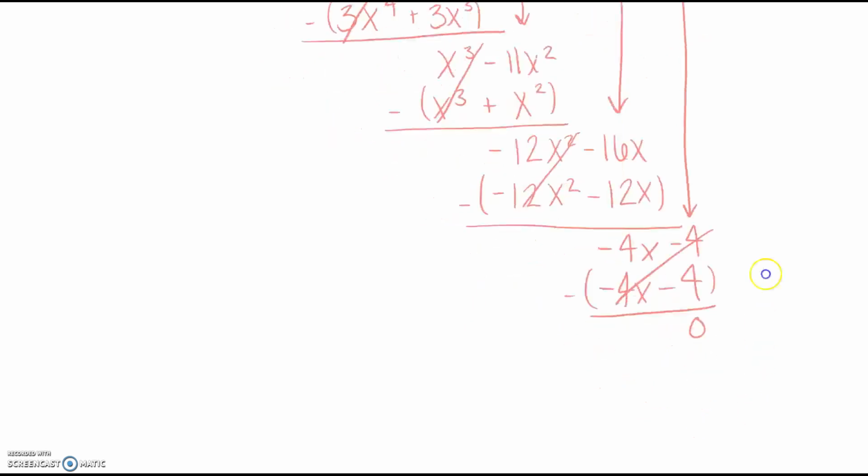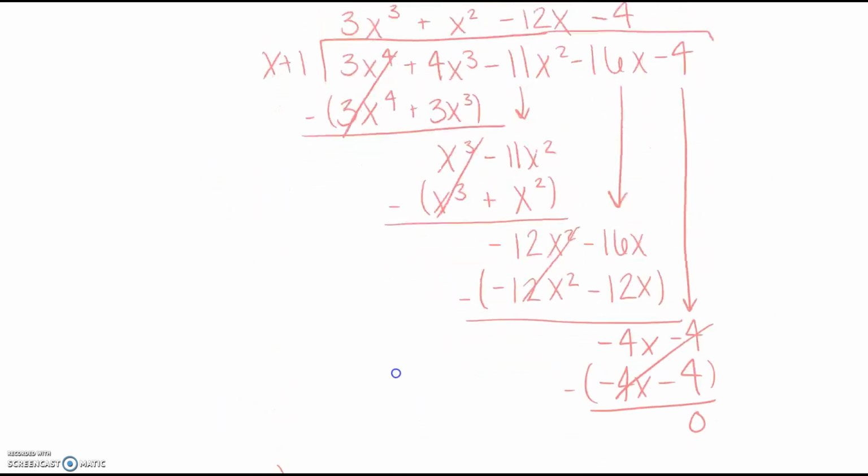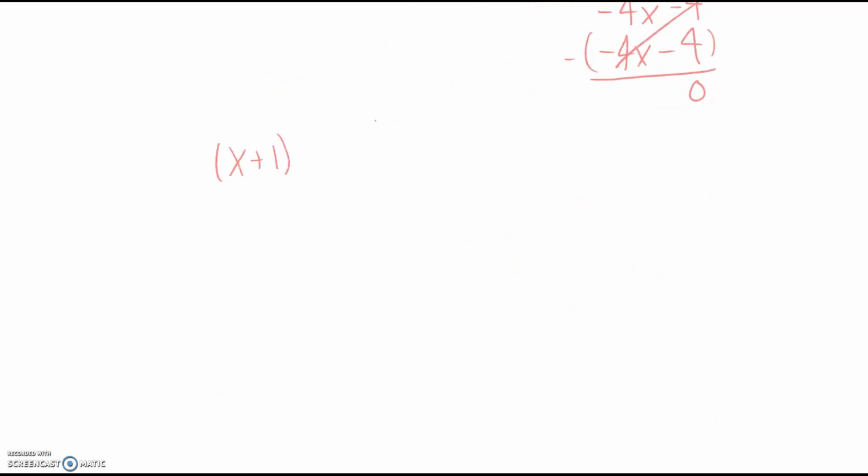So now we need to bring down our factors. So we had x plus 1, and then our 3x cubed plus x squared minus 12x minus 4. And we can factor by grouping.